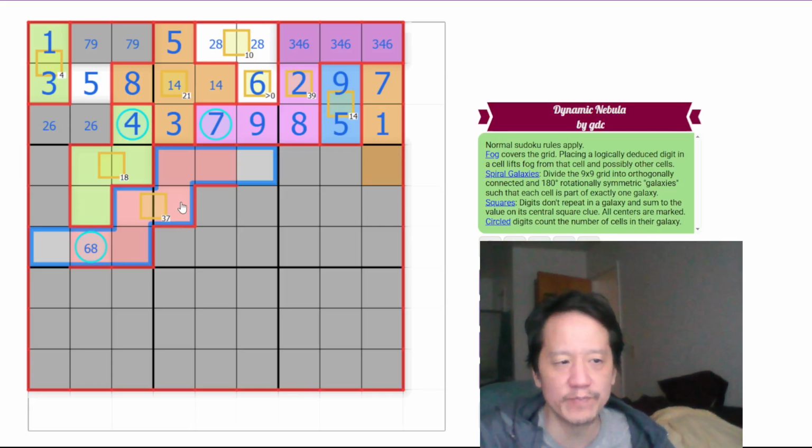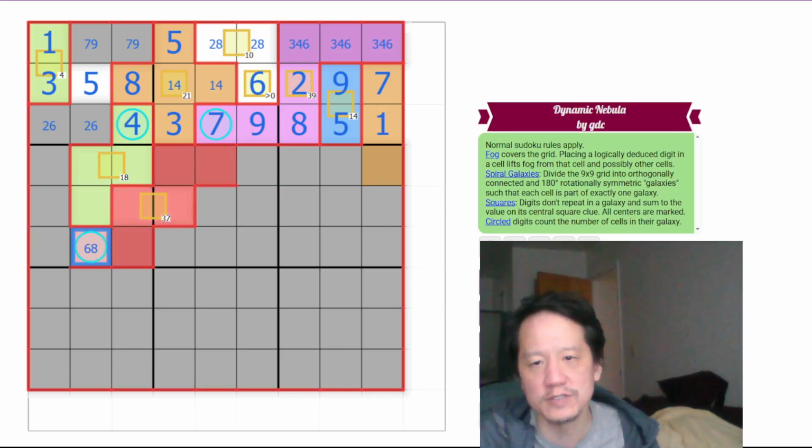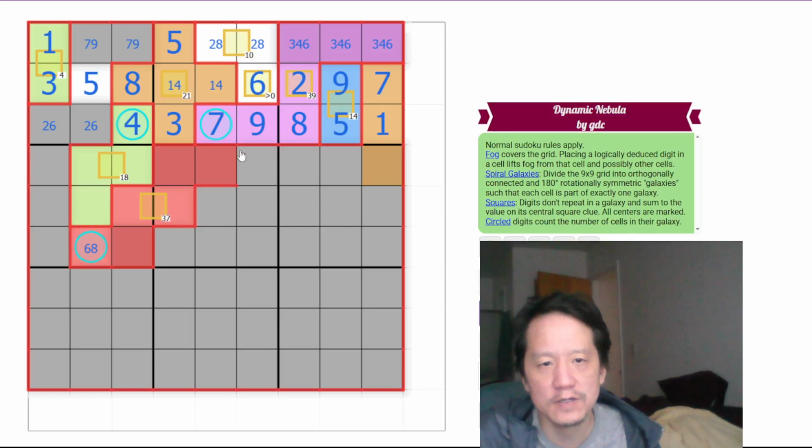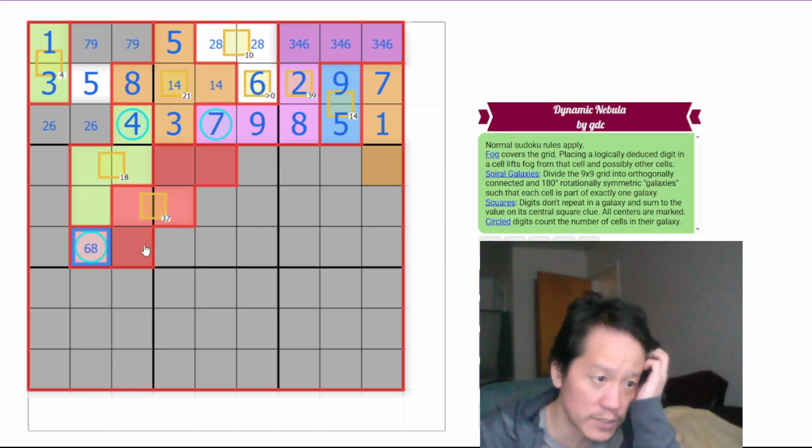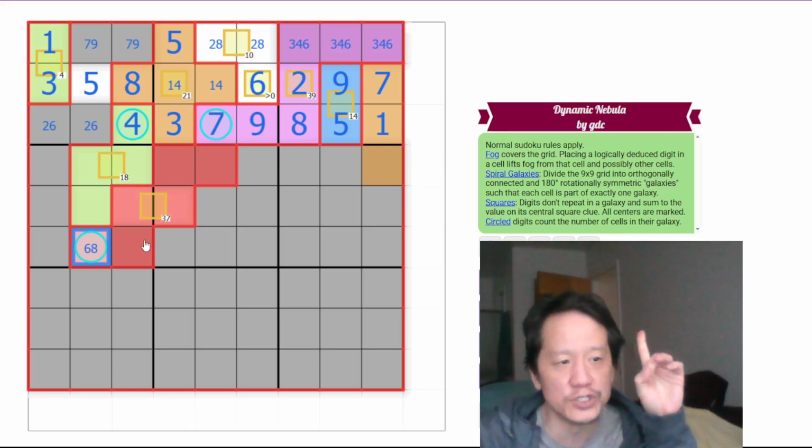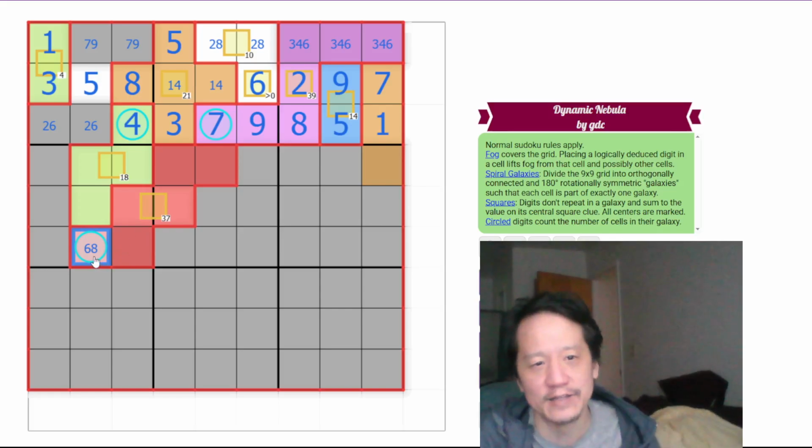But 45 minus 37 is 8. So therefore, this must be 6 in size. Right? If we tried to have an 8 cell region, we only have 1 digit, which is not in the region, and it must be 8, but we already have an 8 in the region for 8 size. So this is 6.